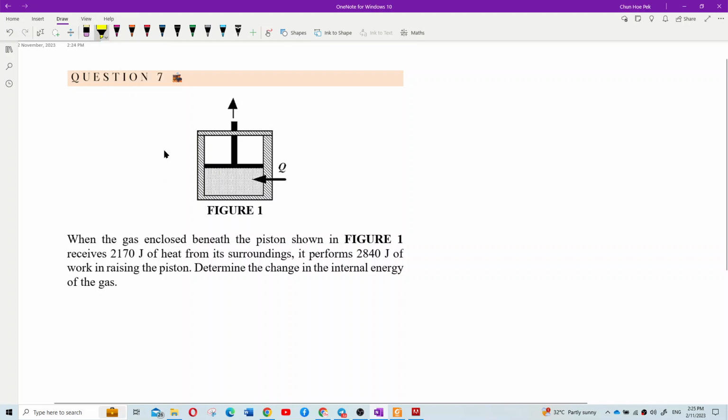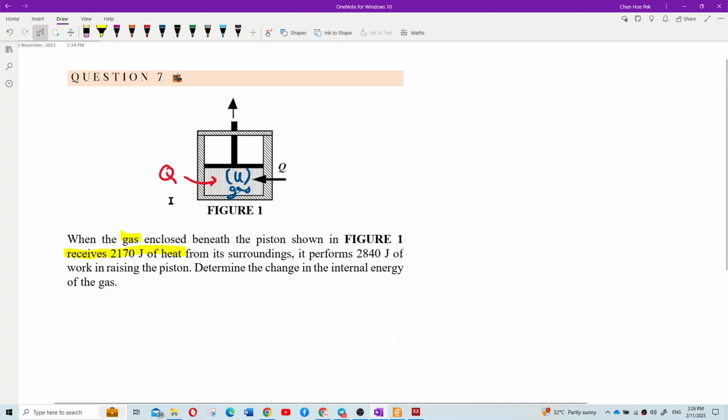The gas receives the heat, that means it absorbs heat from the surroundings. That means heat energy comes inside the gas. The gas has internal energy, isn't it?